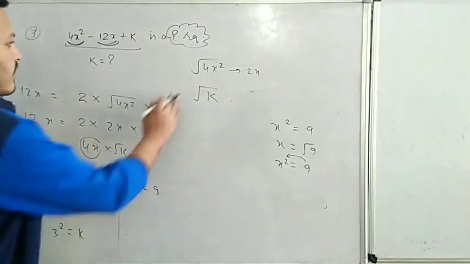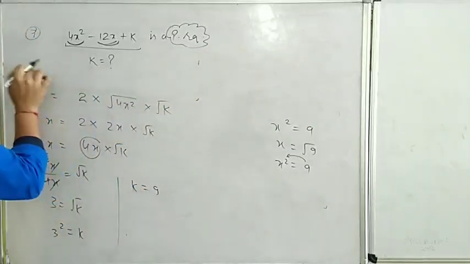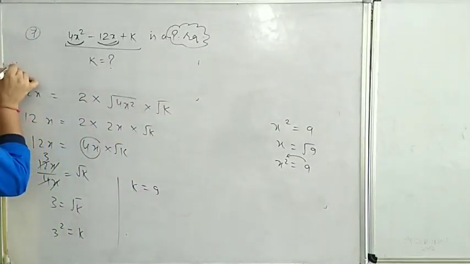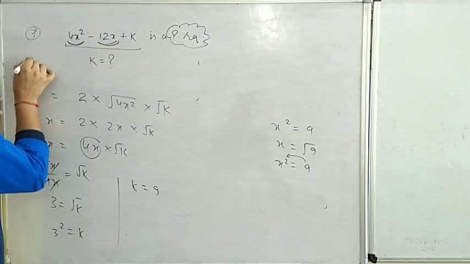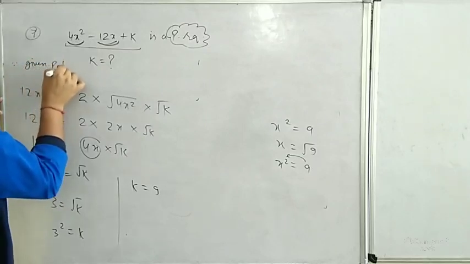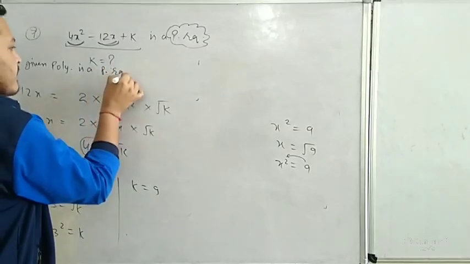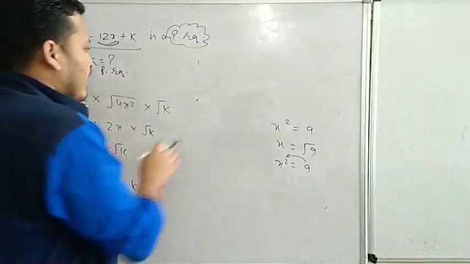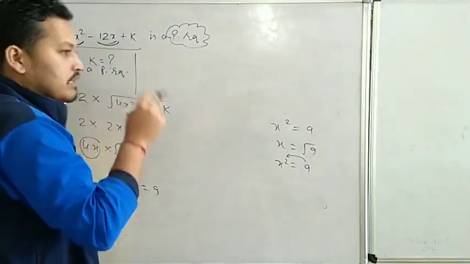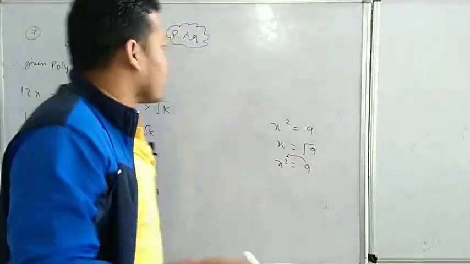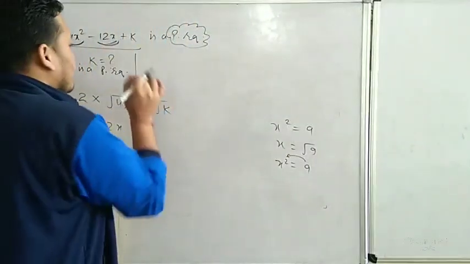So the answer is 9. So what statement can we write at the start here? Write here: since the given polynomial is a perfect square, it means it will satisfy all three conditions. The given polynomial will satisfy all three conditions.